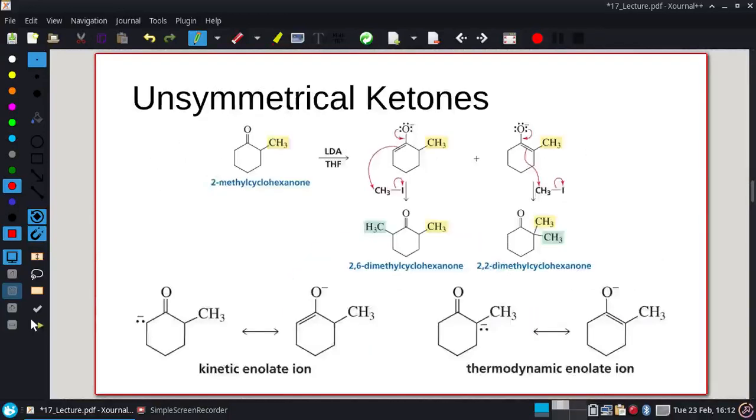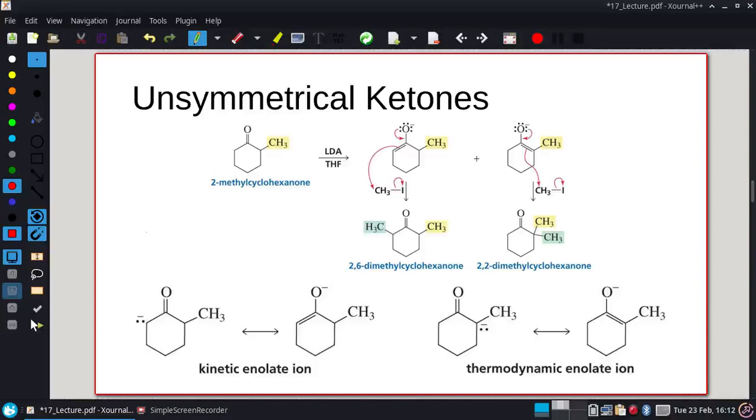All right, those unsymmetric ketones actually can be problematic in the sense that if I start out with something that's non-symmetric, I am going to create two potentially different enolates and therefore two potentially different products. Fortunately, we can make some predictions.